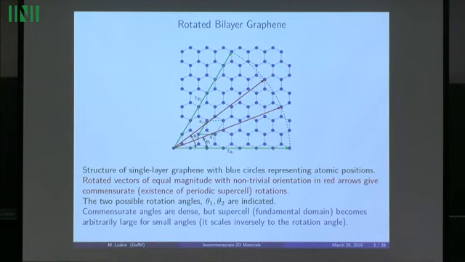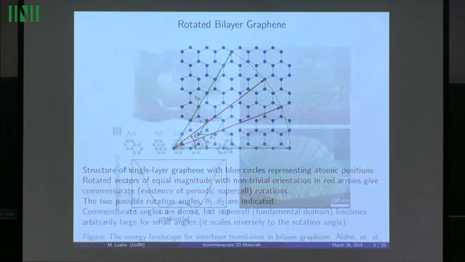Of course the period is going to be larger than the period of each single layer. For this angle theta 1, we have a unit cell with a period of 7a1, where a1 is the lattice spacing of the single layer. And for small angle, any possible periodicity will have a very large superlattice. This is a nice diagram I like.